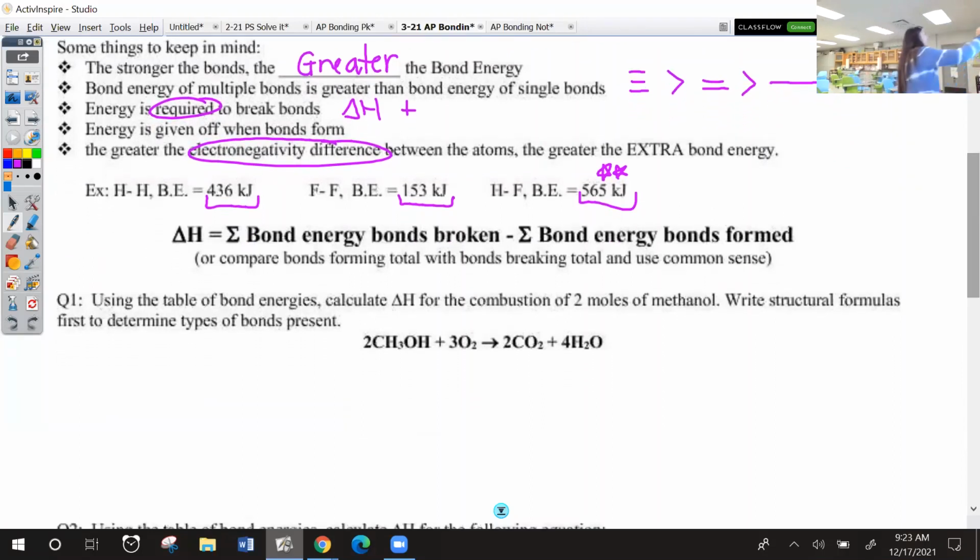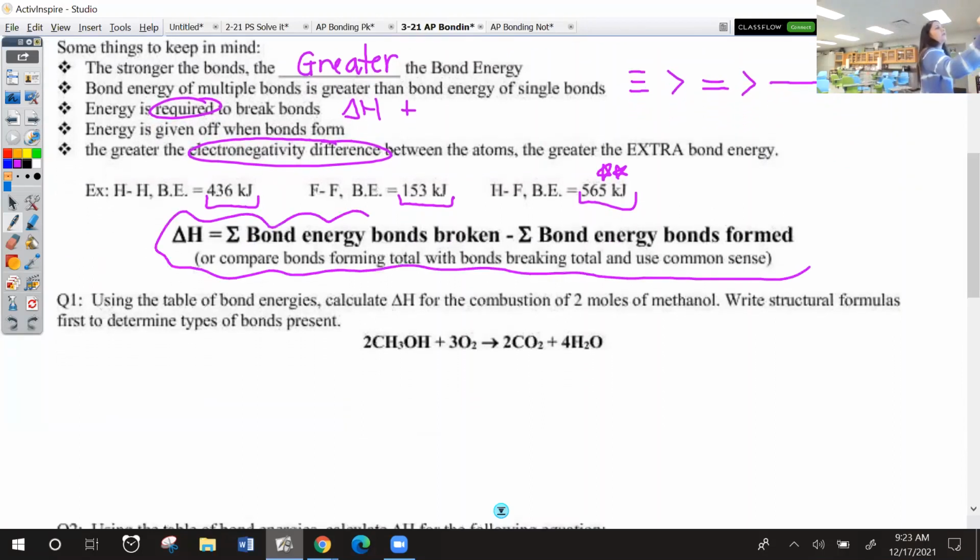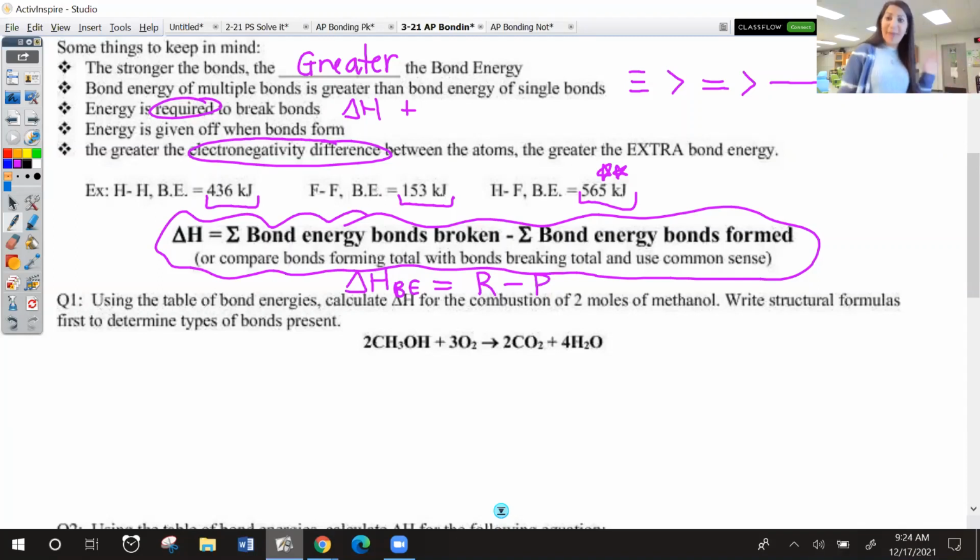Okay, so what are we going to do? We are always going to do the sigma, delta H for our bond enthalpy, I'm just going to call it BE, is equal to reactants minus products. Okay, so this is the only time that we're going to do it backwards, because we want broken minus formed. Okay, all right, so pretty easy.